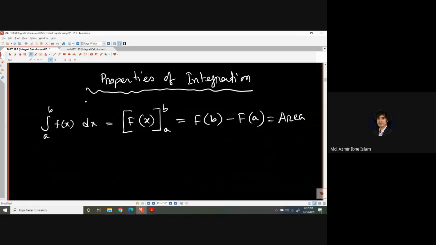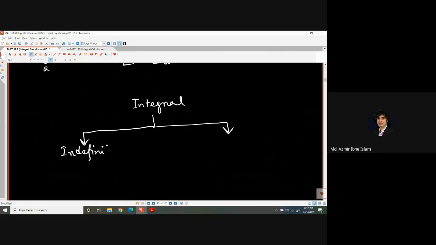So before discussing the properties of integration, I would like to point out two things. That is, suppose we have the integral, and integrals can be classified into two categories: indefinite integral and definite integral.